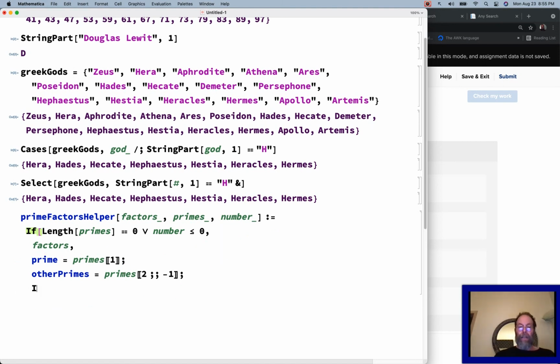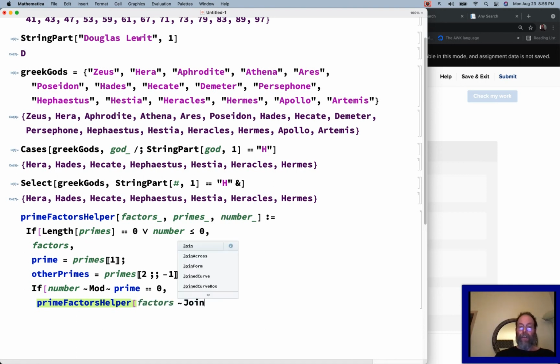So then if number mod prime is equal to 0. Remember, prime is right over here. Then primeFactorsHelper. So prime is a factor of the number.